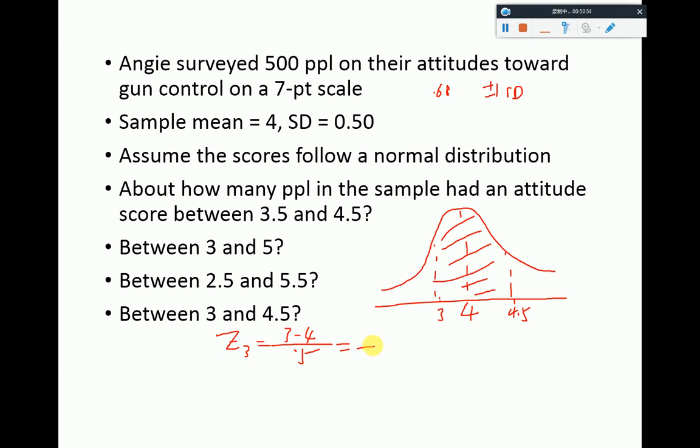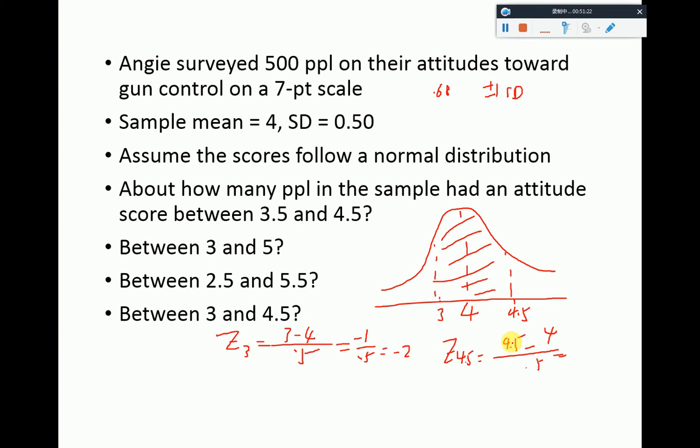That will give us -1 divided by 0.5. That's -2. So that means 3 is 2 standard deviations below the mean. Okay? Then what about 4.5? So 4.5 minus 4 divided by 0.5.